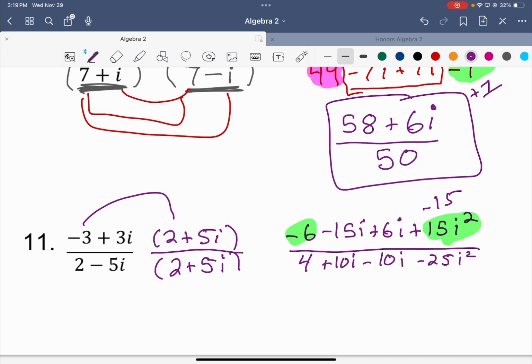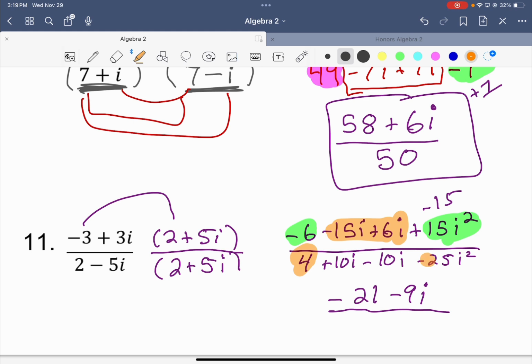So negative 6 minus 15 is negative 21. Yep. Negative 15i plus 6i, negative 9i. Nobody seems to be disagreeing with me, so I'm going to go with that's right.